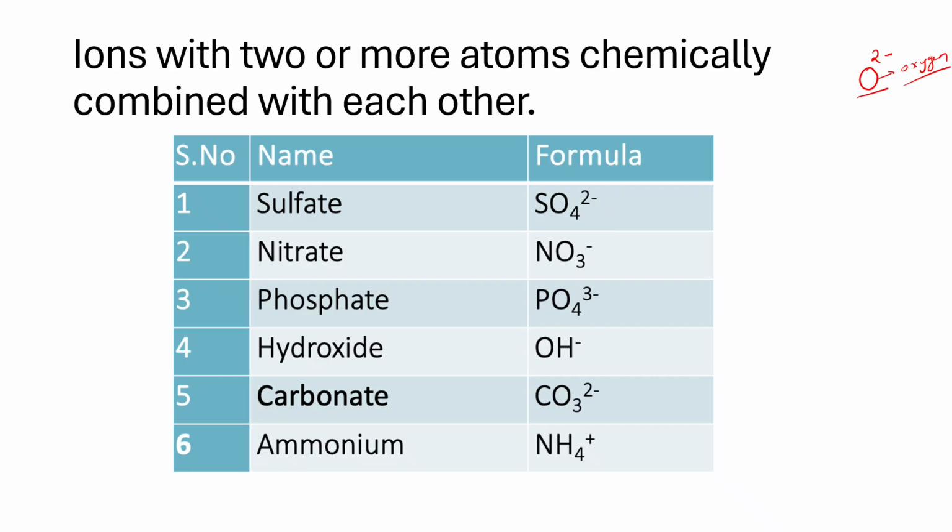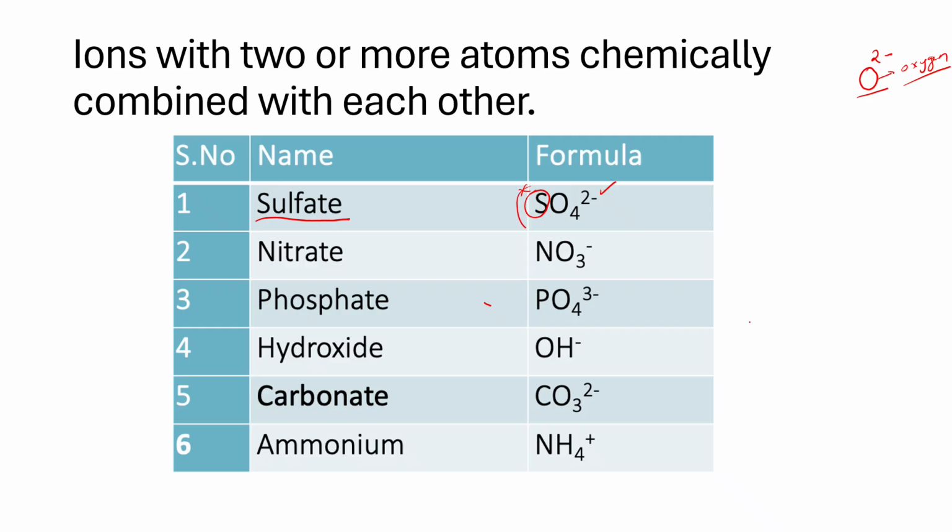For example, the case of sulfate. We see here that sulfate is clearly an ion because it has a charge of 2 minus. But at the same time, this 2 minus is not just carried by oxygen. It's not just carried by sulfur.